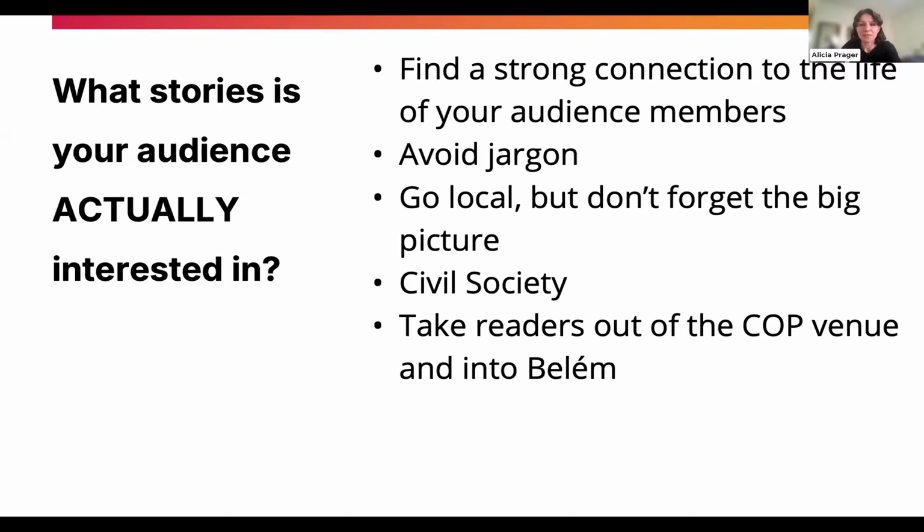So every time a new draft text is published or new information on the negotiations is leaked, this will seem like a huge deal. But at home, it really depends on your audience if they're going to click on what you published. So at least in my case, a story like "a new draft shows a lack of ambition" will maybe not do too well, and also it's quite an expected story.